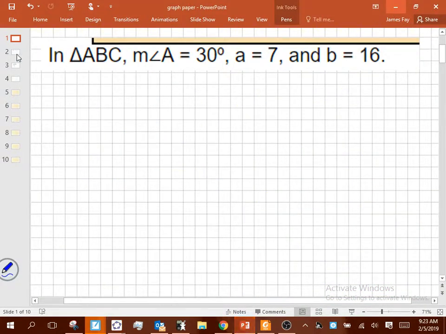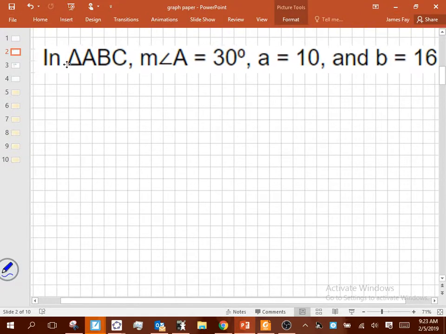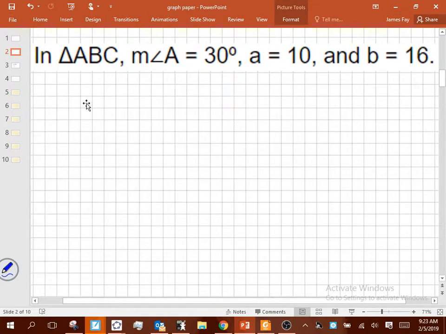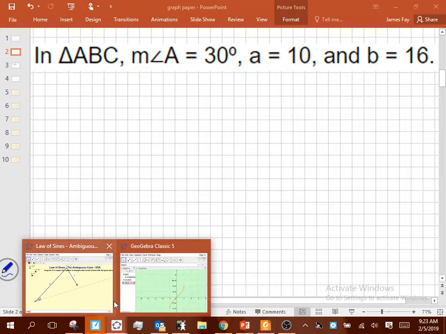Now, in respect to the types of questions that you see a lot of times that do deal with the ambiguous case, usually you see one solution or two solutions. The no solution one doesn't occur very often. Maybe out of like 20 of these, you might see that once. The one solution case, I'm not going to do one today. We did one yesterday.